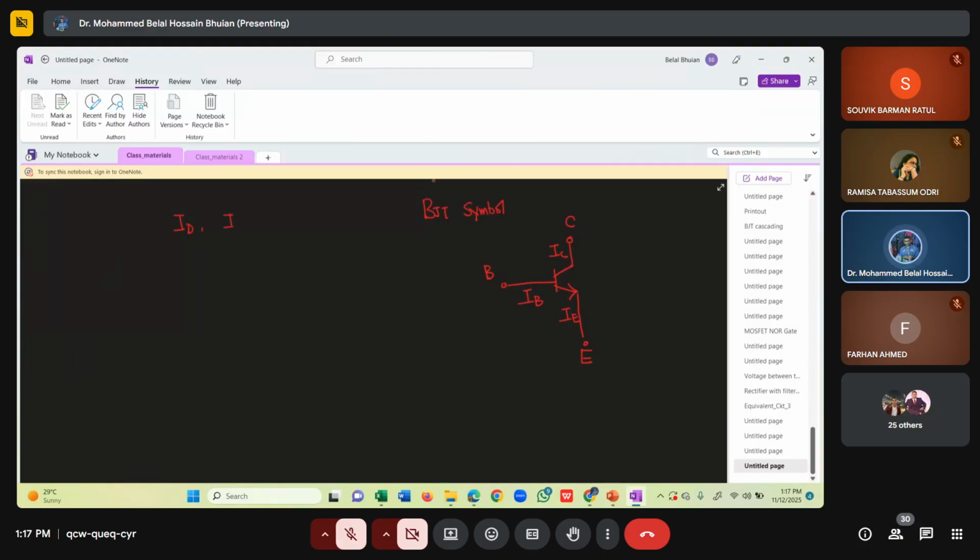Because the gate current is 0. Three terminal device, if one current is 0, that means we have essentially only one current. However, this is not the case for BJT. BJT has three terminals, three currents. Now the question is, which direction will the current be flowing? Current always flows in the same direction where the arrow is pointed.